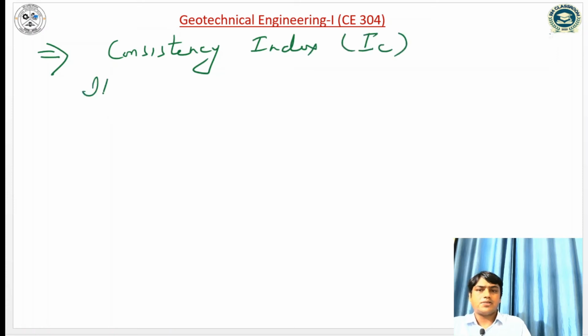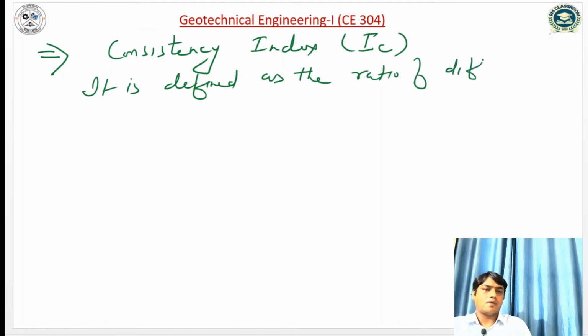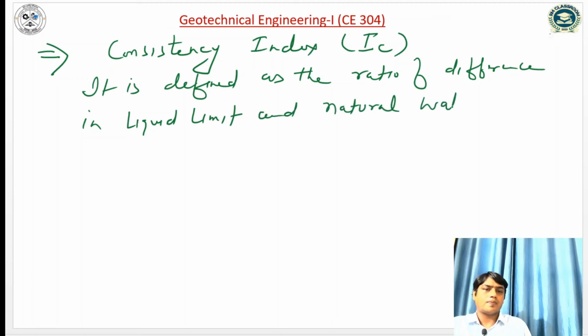It is defined as the ratio of the difference between liquid limit and natural water content to the plasticity index of soil.